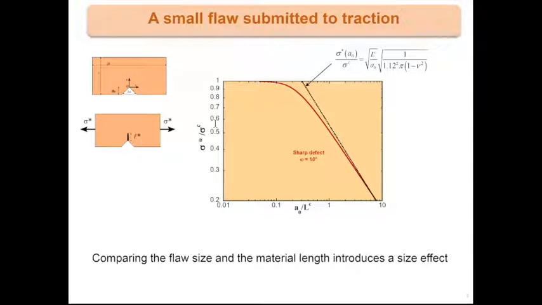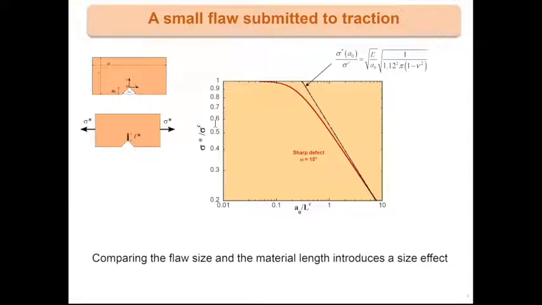If you have a very small defect compared to the material length, you have no effect on the critical stress. The stress at crack onset is the strength of the material. The presence of the defect can be ignored.